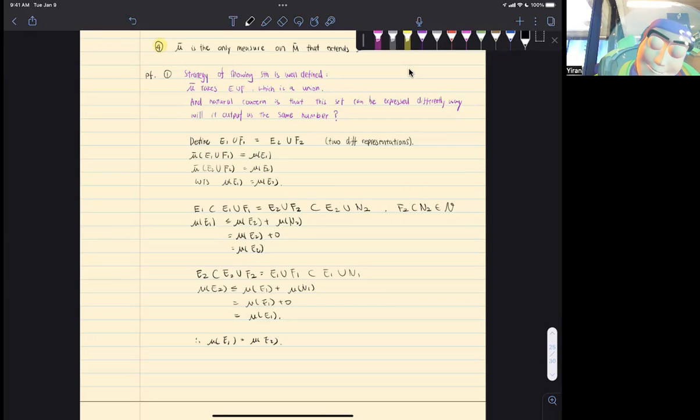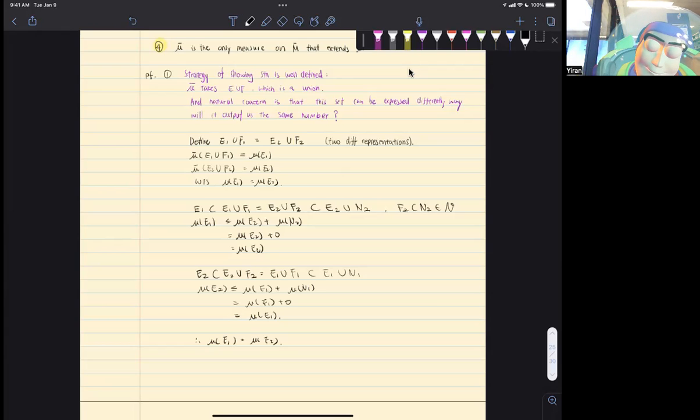okay, because we know that mu bar of E union F is equal to 0, right? And then we also know that this is equal to mu bar, which is mu of E. So we know that mu of E is equal to 0.